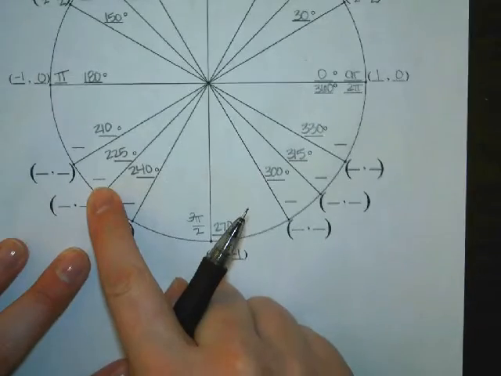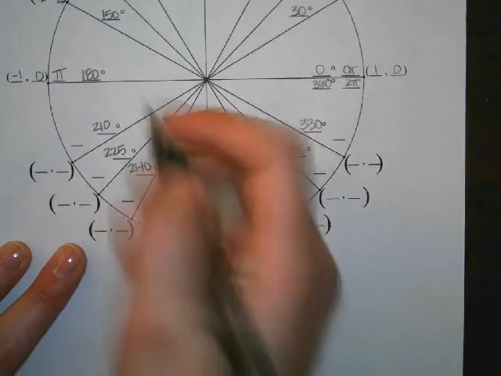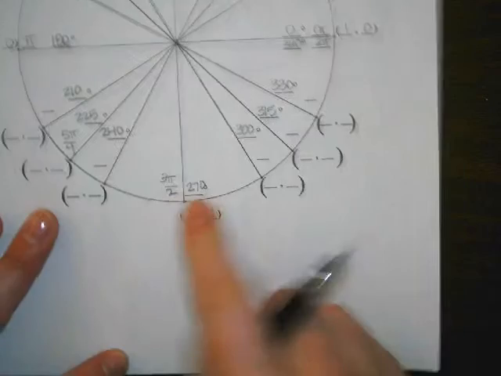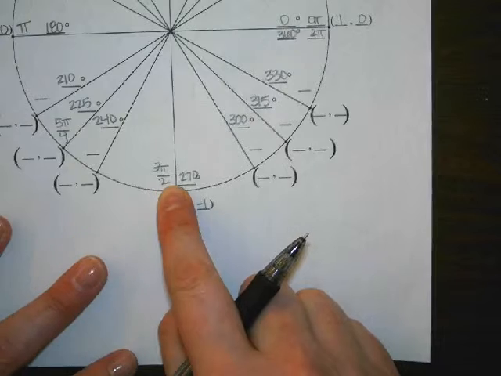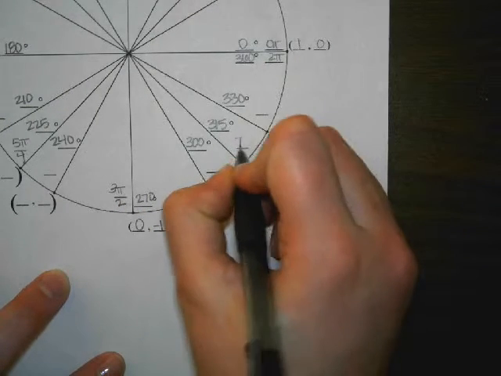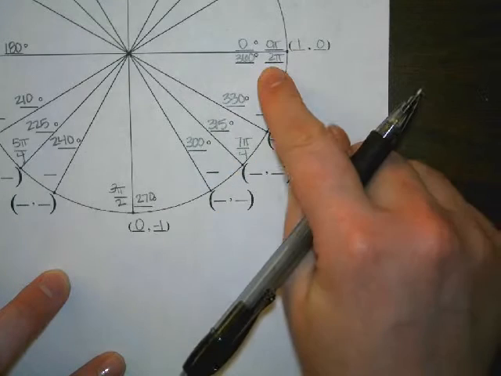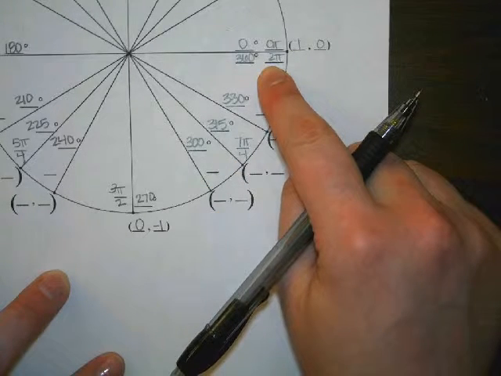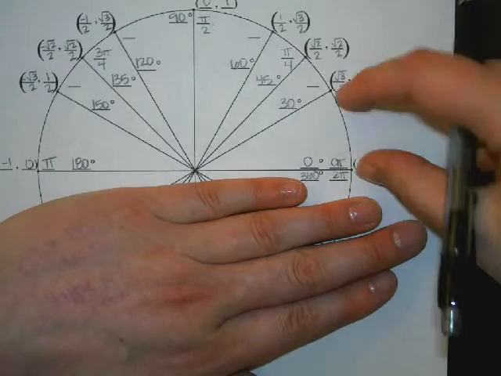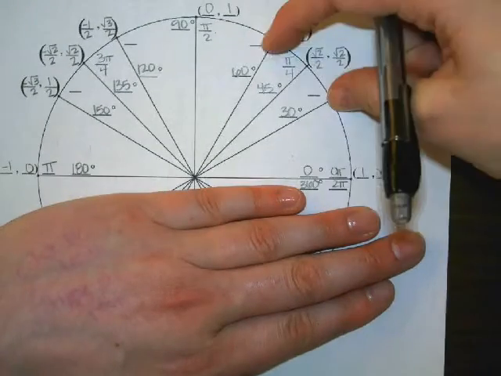What goes right here? 5/4. What goes right here? 6/4, then 7/4, then 8/4, we're done.